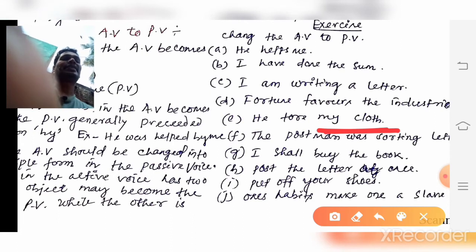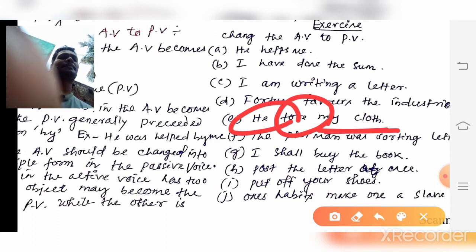Then the sentence was in simple past form, so we can use was or were according to the person and number of the subject, and then we have to use the PP form of tore, torn, and then we have to use by the preposition and the object form of he, that means him.